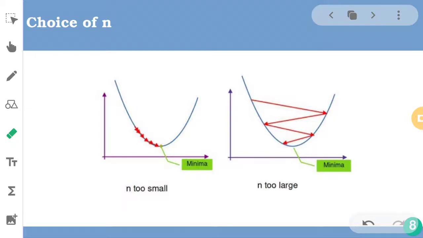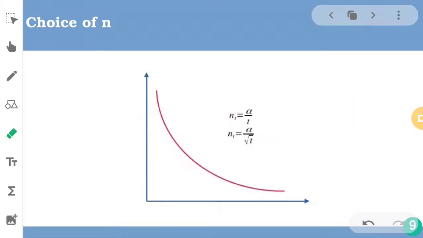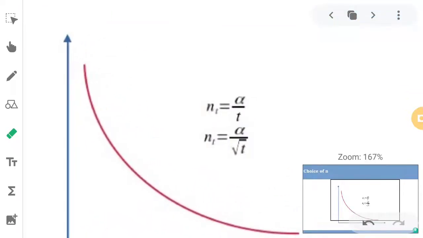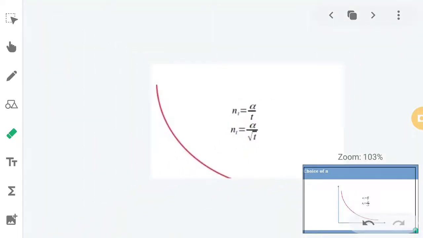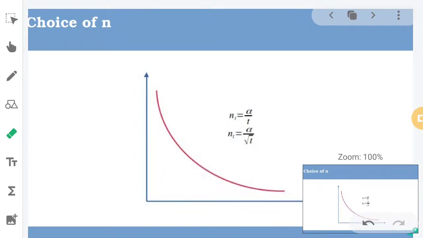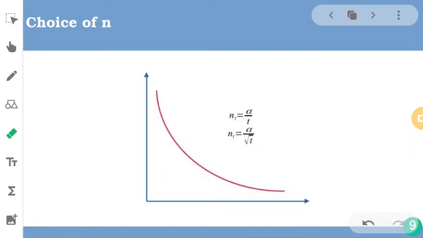So what to do? We have to choose the correct value of n. This n equals alpha, where alpha is a constant, divided by t. This is the correct choice of n.